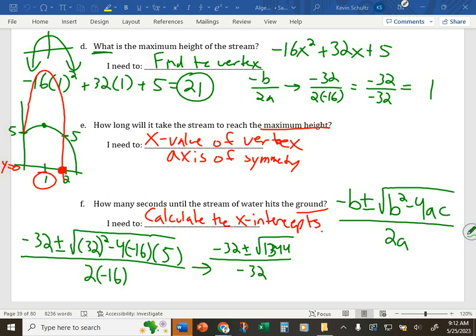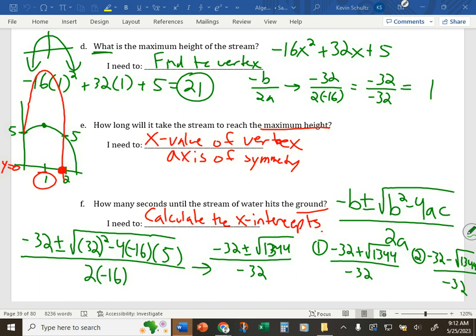The square root of 1344 does not work out evenly. So our 2 equations are going to be negative 32 plus the root of 1344 divided by negative 32, and our second equation, negative 32 minus the root of 1344 divided by negative 32.